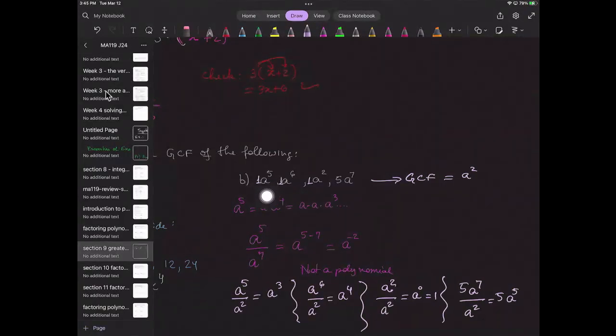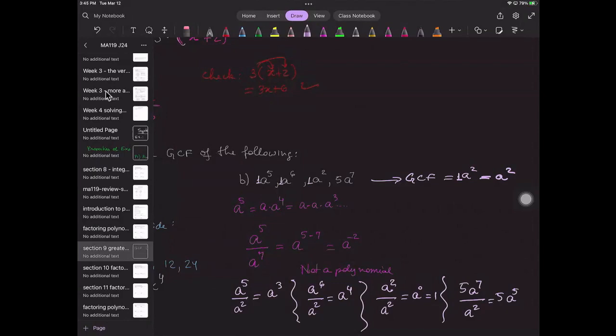You can see this is an invisible 1 times a to the 5th, invisible 1 times a to the 6th, invisible 1 times a squared. And this is not invisible, it's really 5, right? Among the numbers, the GCF is 1, because 1 can divide all of them. So 1 a squared, or just a squared, is the GCF of these 4 terms.